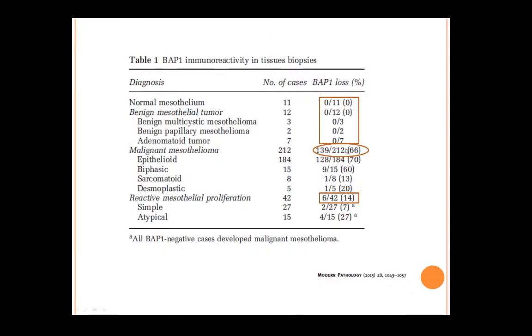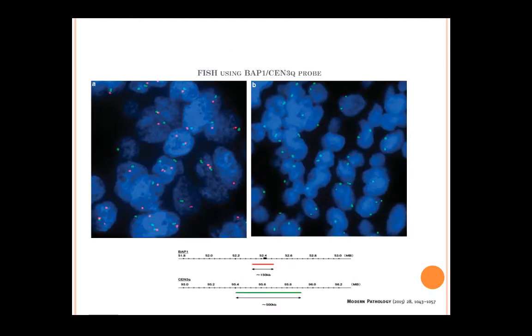About 66% of the malignant mesothelioma cases were positive for BAP1 loss, and from 42 cases of reactive mesothelial cells, 6 cases were positive for BAP1 loss. However, follow-up studies showed that all 6 patients developed malignant mesothelioma in the follow-up of these patients.